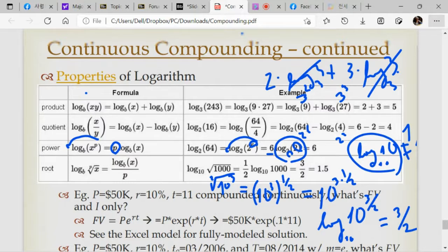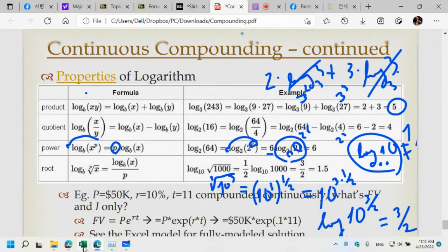But remember, log is a way of representing a large number by the exponent of the base number. That means 243 is the 5th power of 3, or the 5th root, the 5th radical, of 243 is 3. Okay, you understand what I'm saying?